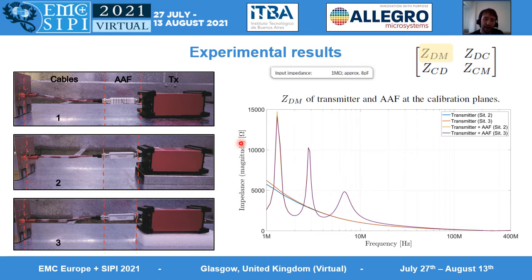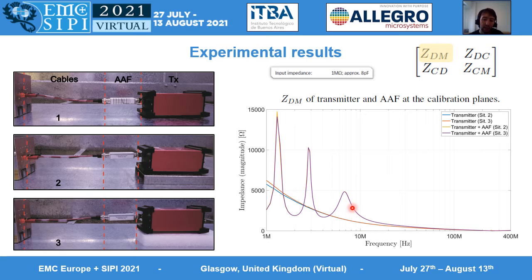For example, in terms of the differential mode impedance, when we measure the impedance at the transmitter input with a network analyzer and then convert that to impedances, we've seen a differential capacitance, basically. This is the red and blue line here. Then as soon as we measure the differential mode impedance at the filter input, we've seen these low frequency peaks.